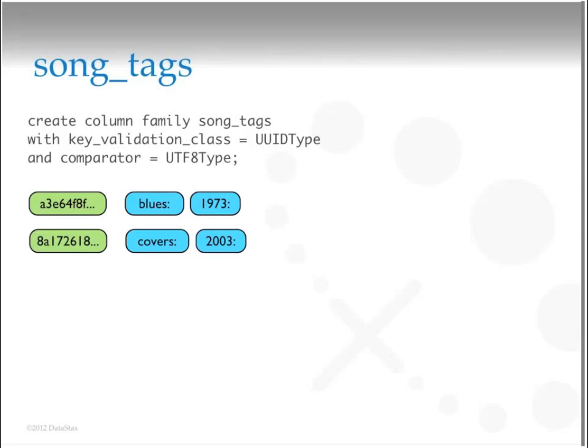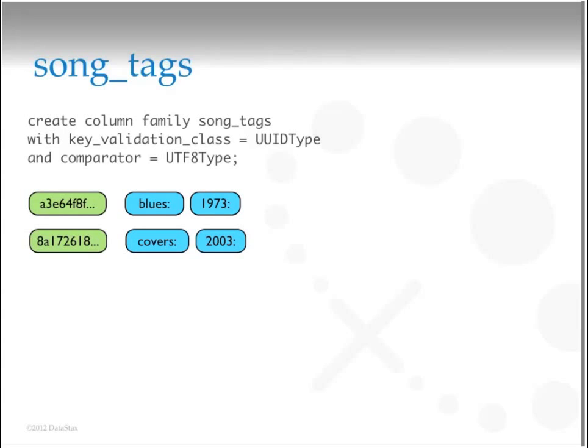We're going to have a song tag column family. We're going to give it a key validation class and a comparator. This is an example of what we used to call a dynamic column family. I don't have any column metadata specified because each of my cells here is going to have a name that's determined at runtime by whatever the application decides to insert.